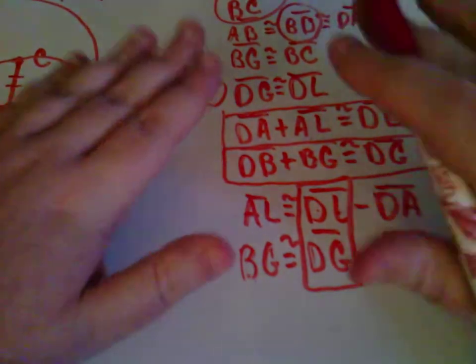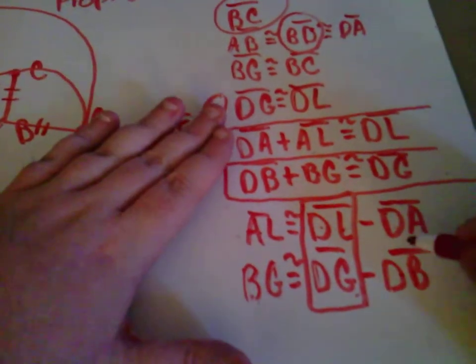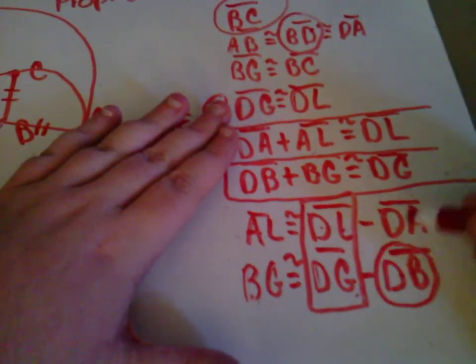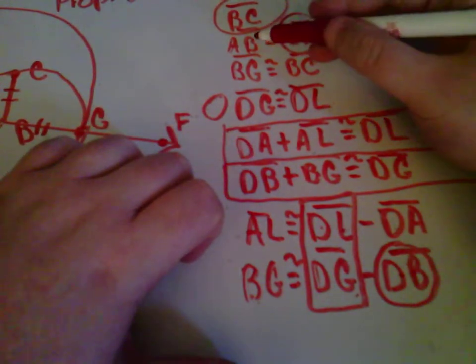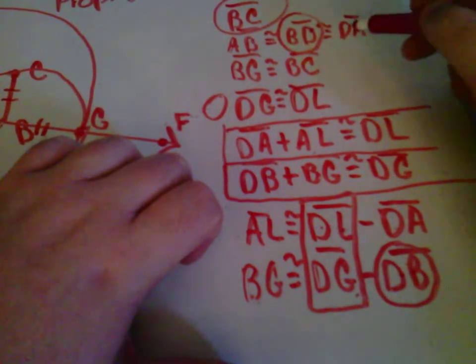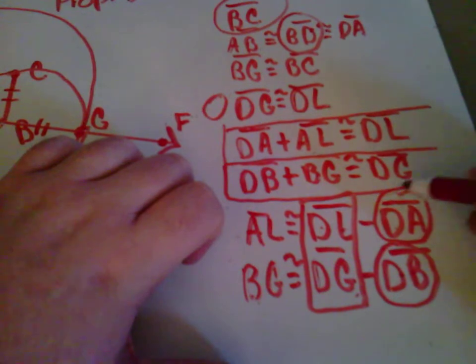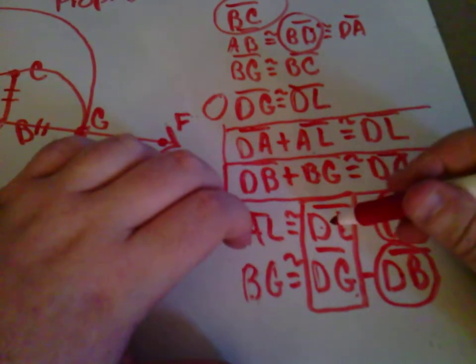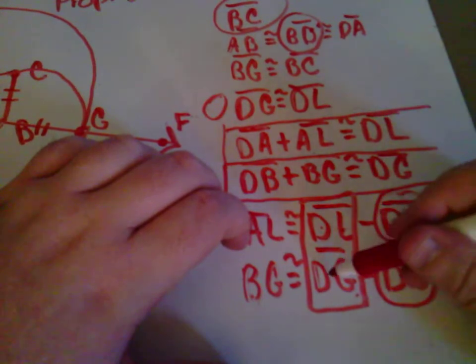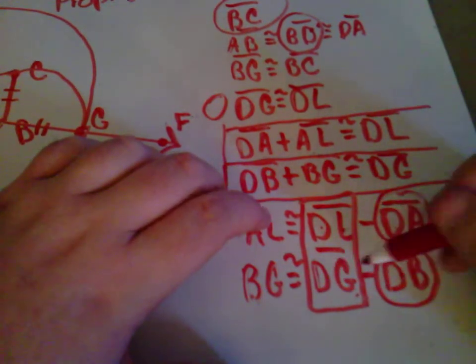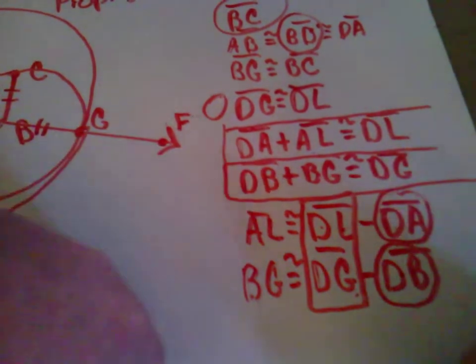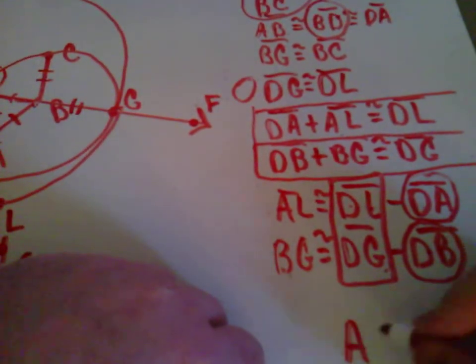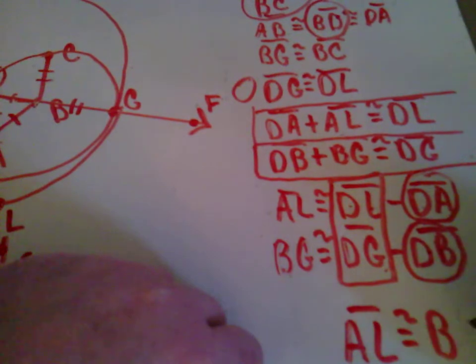DB and BD. Same thing. We just wrote them a little differently. So that and that is congruent to segment DA, which is this here. So what we have here is the same thing. DL minus DA is congruent to DG minus DB. That must mean that AL is congruent to BG.